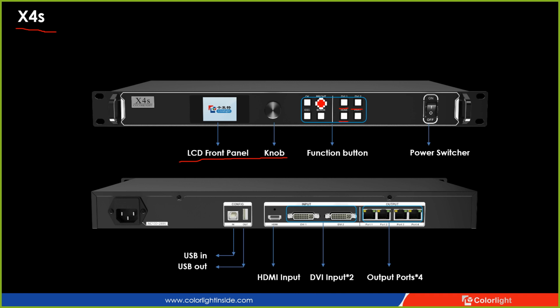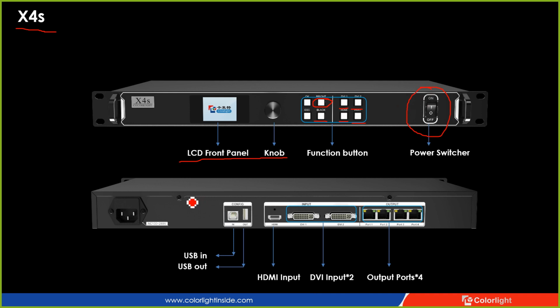And the others are the function buttons. For example, this is to change the brightness. This is to let the LED screen go black directly. And this one is to change from pixel to pixel to the whole screen display. And on the right side, this is the power switch. Turn the power off and on.